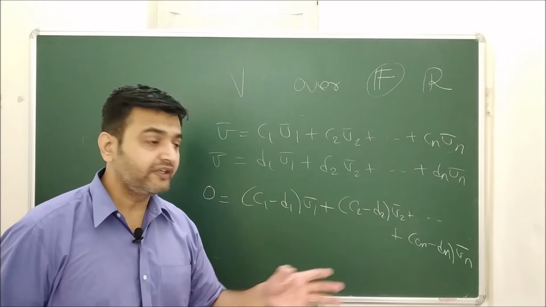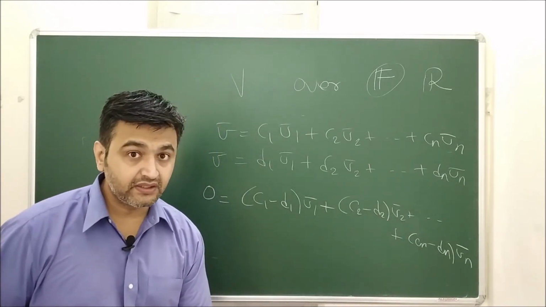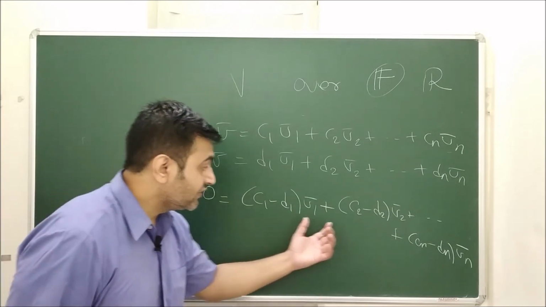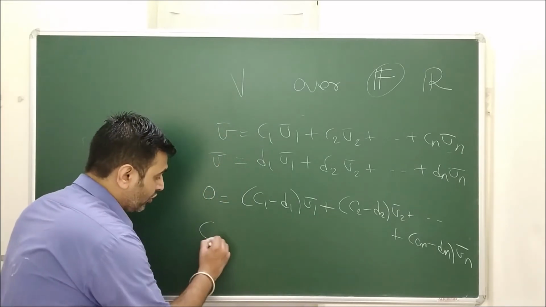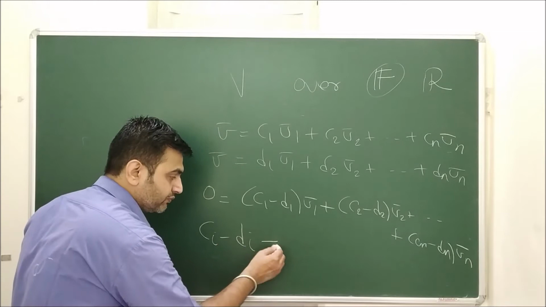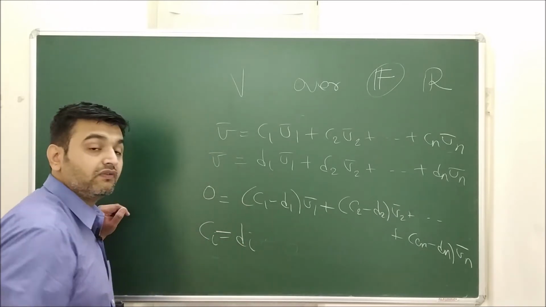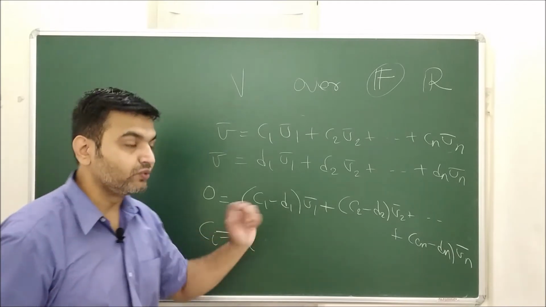So I have a linear combination of V1, V2 up to Vn equal to 0. But what are V1, V2 up to Vn? They are the basis vectors, and that means they are linearly independent. So if the linear combination is 0, that means all my scalars have to be 0. That means all my Ci's are equal to Di for i equal to 1 to n.